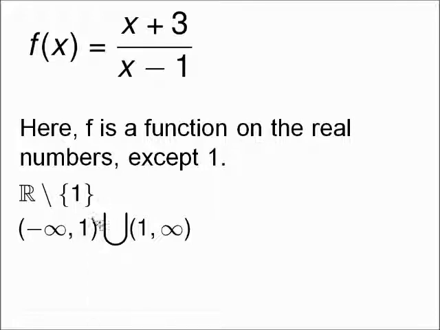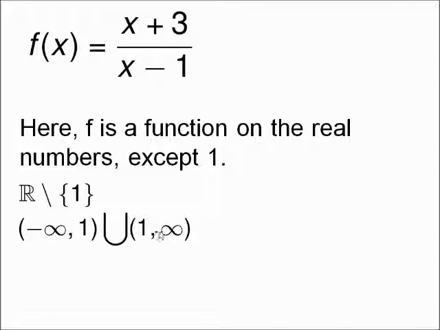This parenthesis here just ensures that every number from negative infinity all the way up to 1, but not including 1, combined with, this means union, every number that's starting at 1 but not including 1, all the way to infinity. All that this notation is saying is start from negative infinity, go up to 1, skip 1, and now any number bigger than 1 is okay.